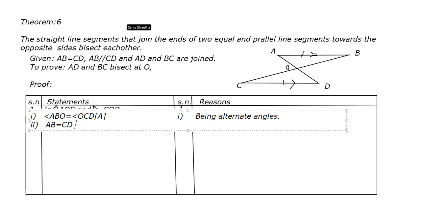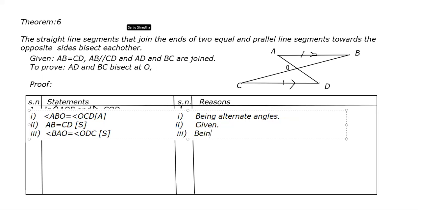Next, angle BAO equals angle ODC. BAO and ODC are equal. Reason is alternate angles here also.